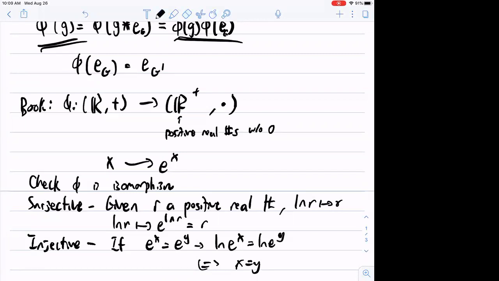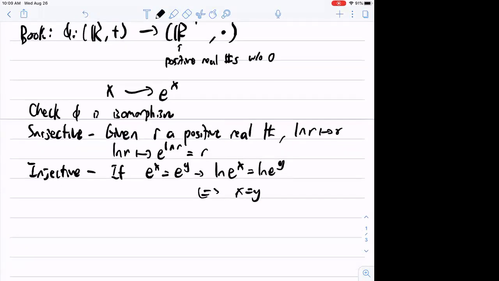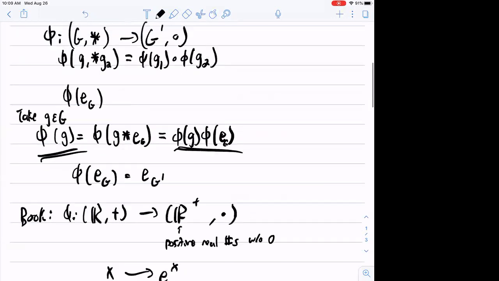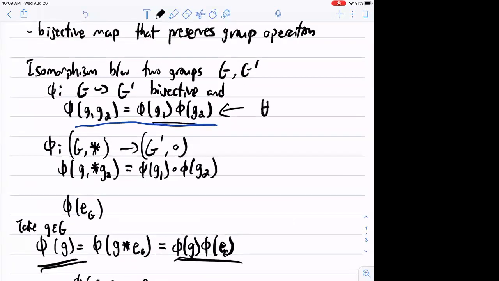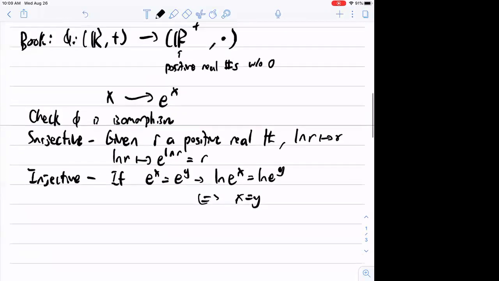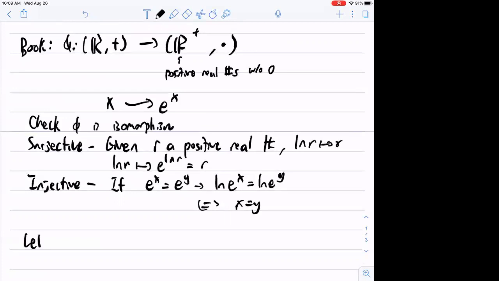So it's injective. And let's check the operation property for all g1, g2 in G. Let x, y be in R. Then I need to check phi of x. In this case it's phi of x star y, but my operation is plus, so it's phi of x plus y.